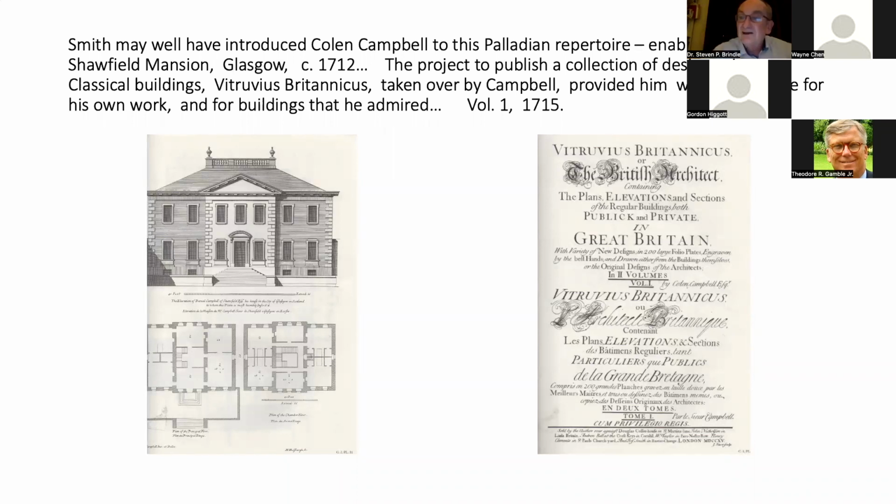And Campbell really becomes the next major figure in the dissemination of Palladian principles of design in the British Isles, because he comes from Scotland, where he built this one rather distinctly Palladian looking house, to London.